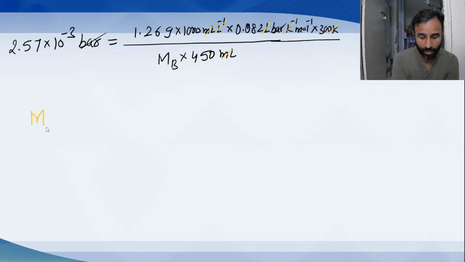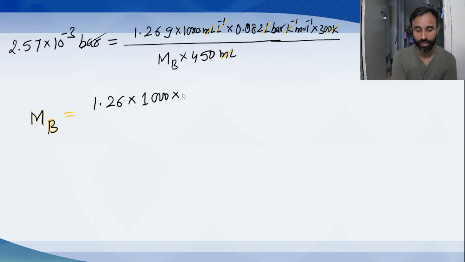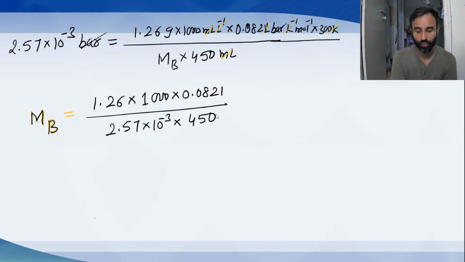So MB is equal to 1.26 into 1000 into 0.0821 divided by 2.57 into 10 raised to power minus 3 into 450 gram per mole.